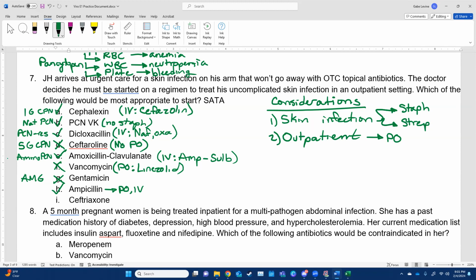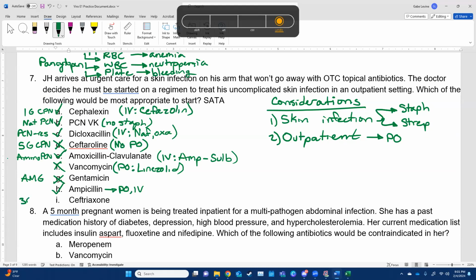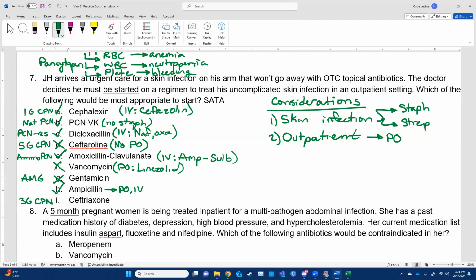And then finally, ceftriaxone. What generation is ceftriaxone? 3rd gen. Can't give it orally. IV only. It's also IM. What is the other IV 3rd gen cephalosporin?